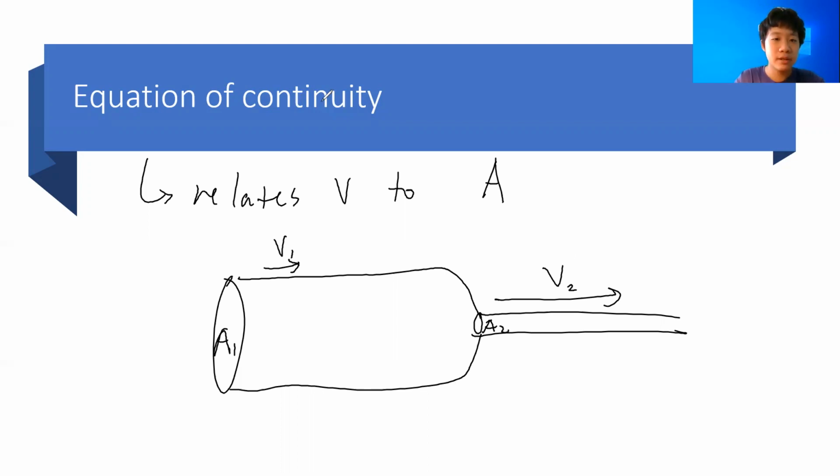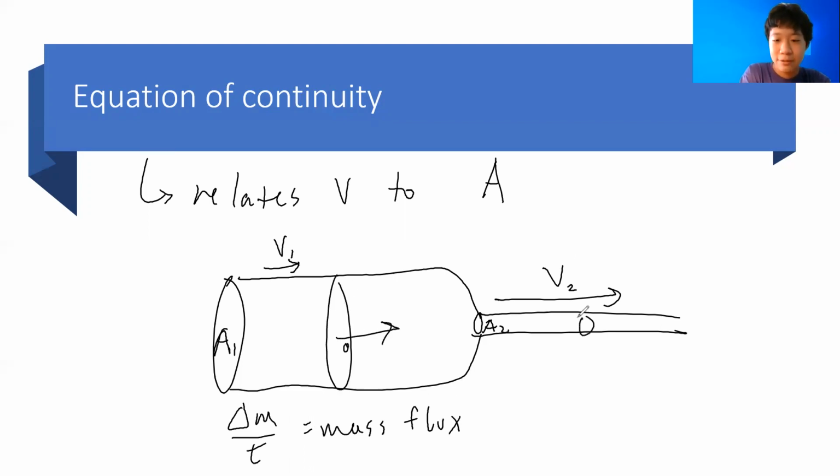So to derive the equation of continuity, this relies on the fact that the mass flux, which is basically the amount of mass that passes a point anywhere in the pipe, if we choose any point, the amount of mass that passes that point per unit time is constant.